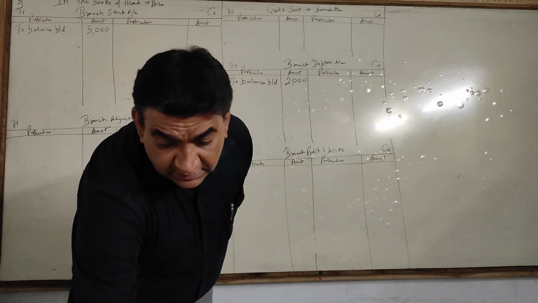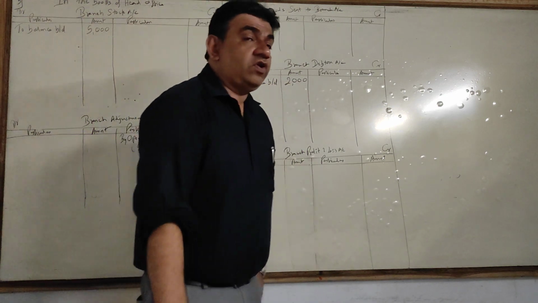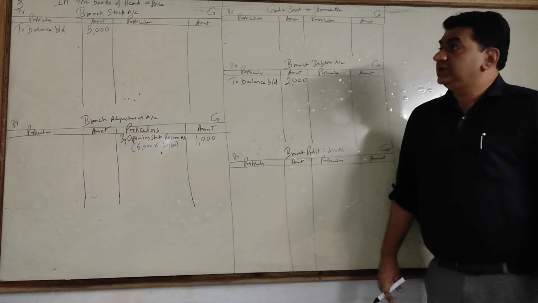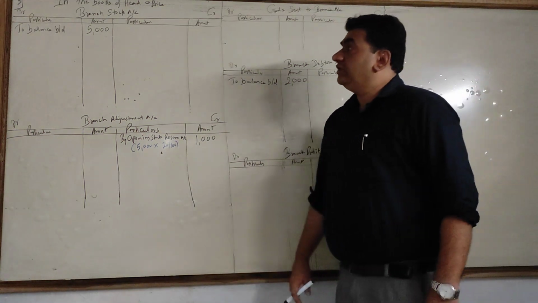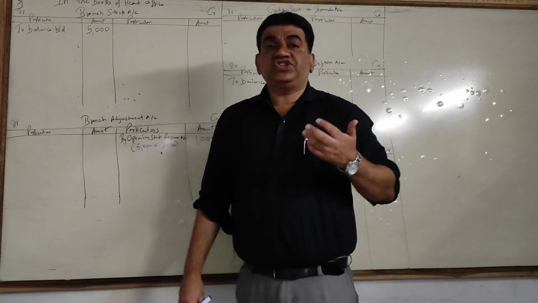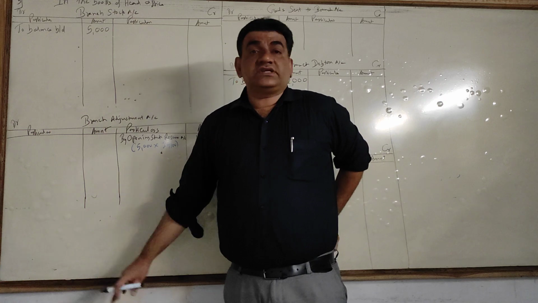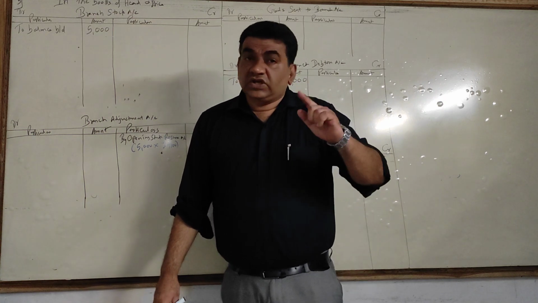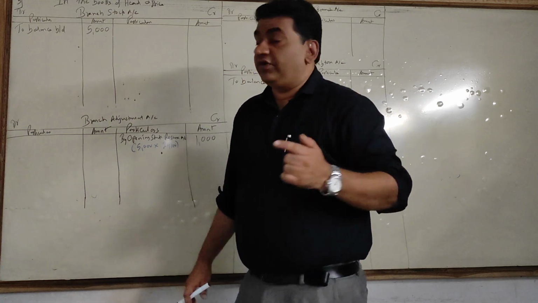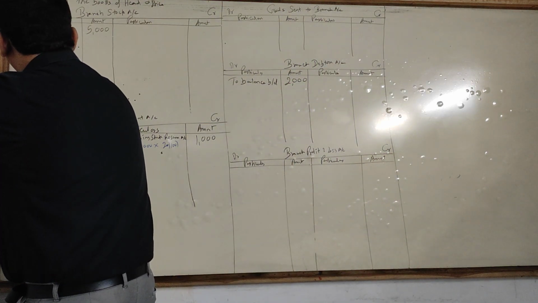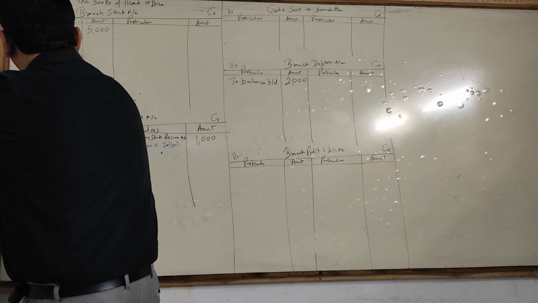Next. Goods sent to branch 40,000. Now the goods are sent at invoice price. So first, what I told you, when branch receives, we will debit branch stock, and when branch sends the goods, we will credit branch stock. Goods sent to branch by the head office. So branch receives. So come to the debit side of branch stock.